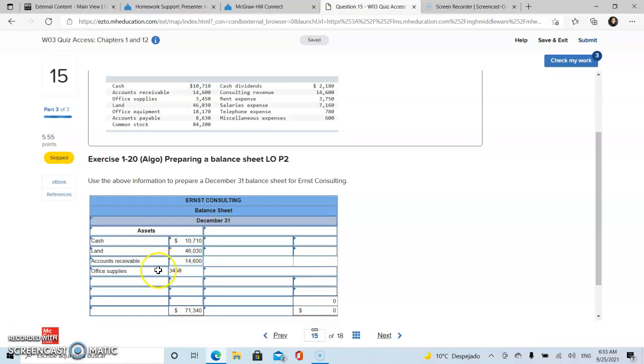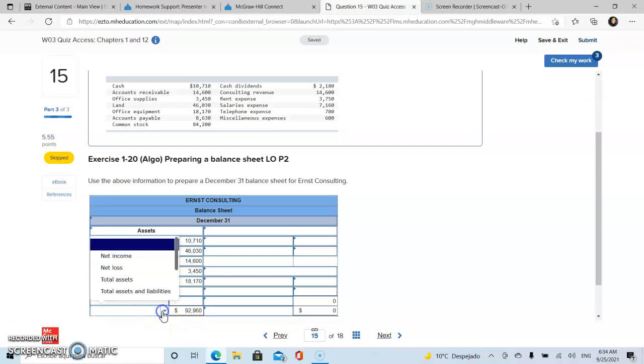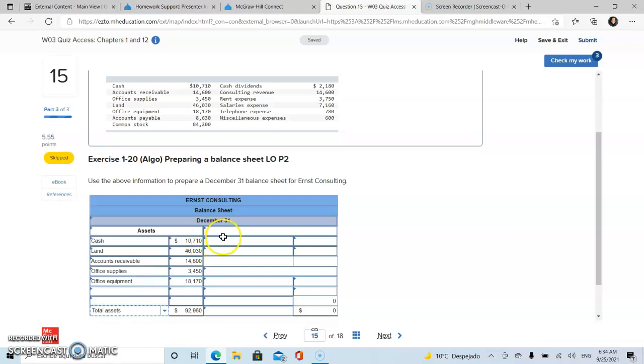And finally, office equipment. Okay. So this will be our total of assets.